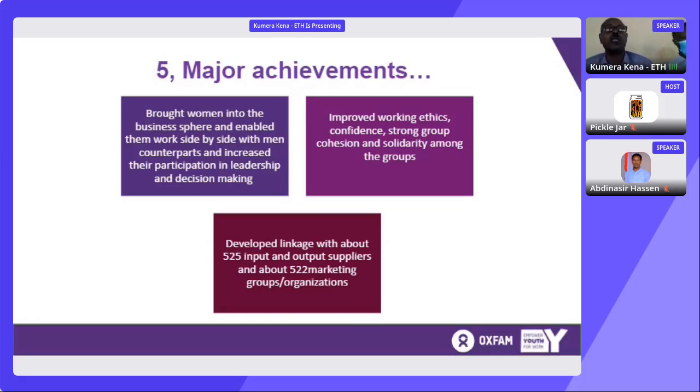The youth business groups also developed linkage with input and output suppliers, and at the same time they have developed linkage with marketing organizations or marketing groups, so that they can operate properly, even in the absence of the project, in collaboration or through linkage with such entities.